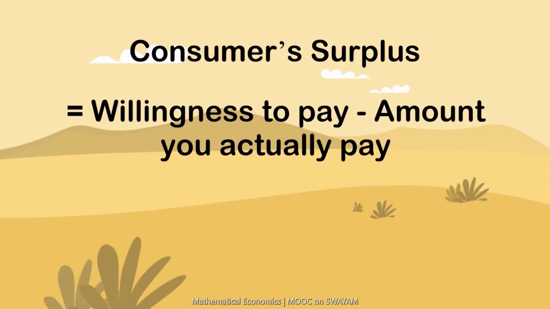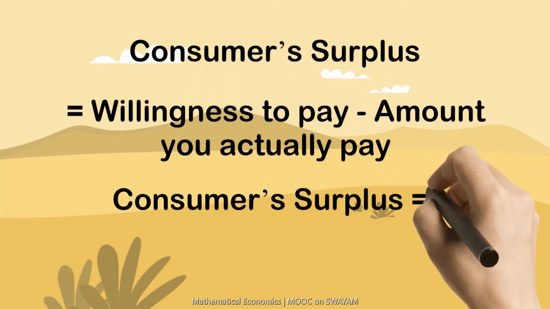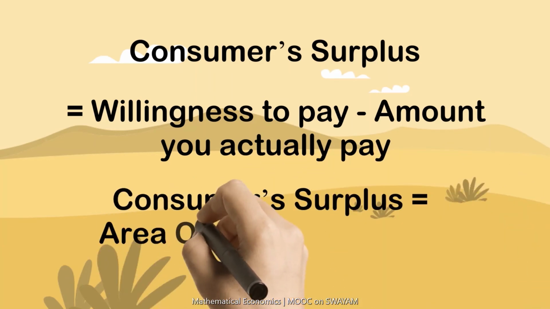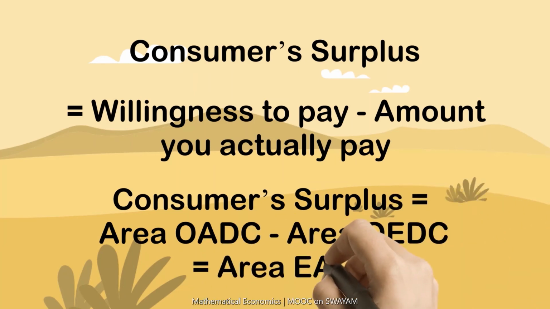Consumer surplus is equal to willingness to pay minus amount you actually pay. Therefore, consumer surplus in our example will be equal to area of OADC minus area of OEDC, or triangle EAD is the consumer's surplus.